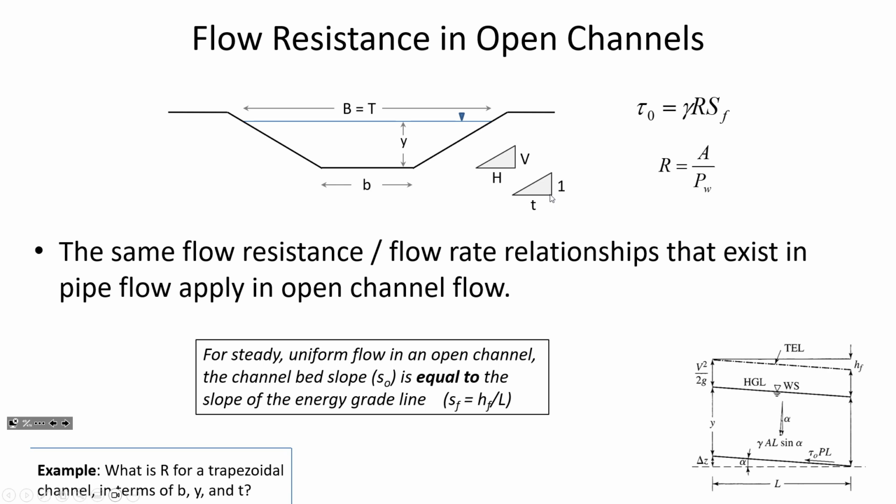Because the height is Y, the top length is TY, and so we can find the length of this segment by just finding the square root of the sum of the squares. And there's two of them because there's one on the left, one on the right.